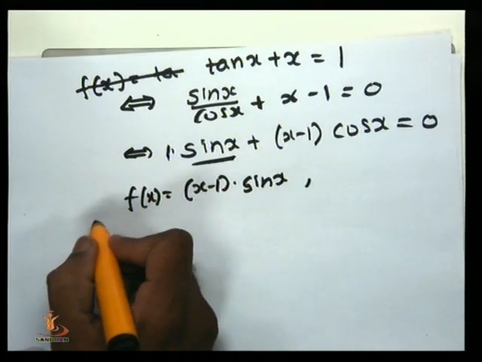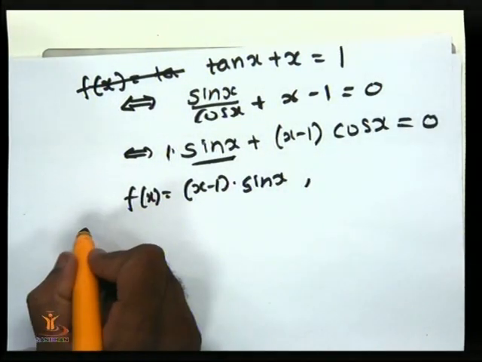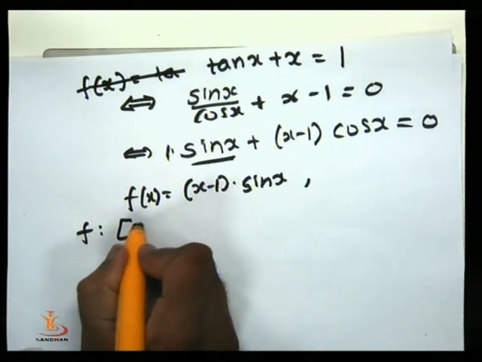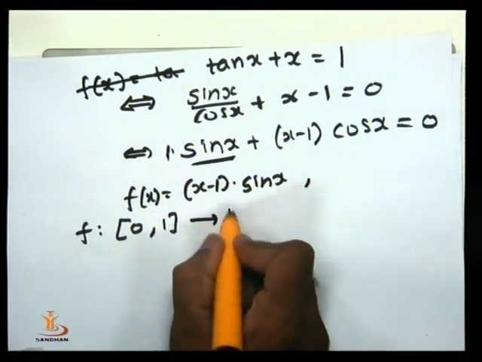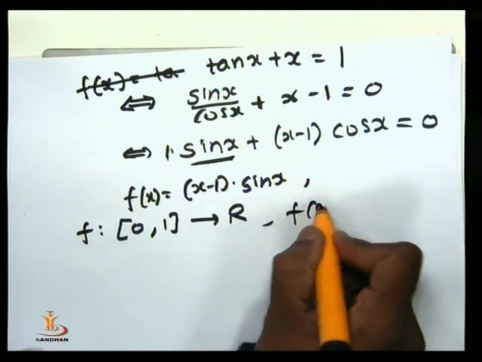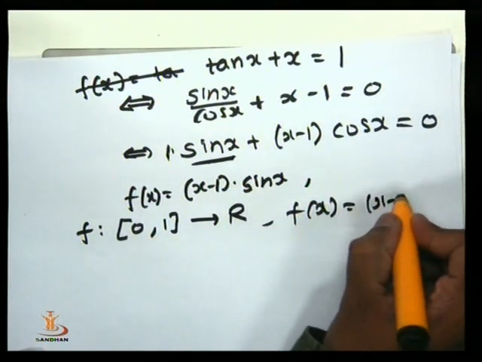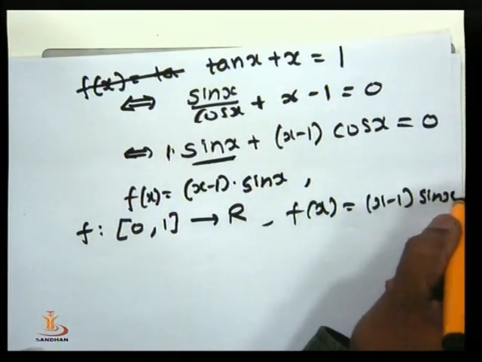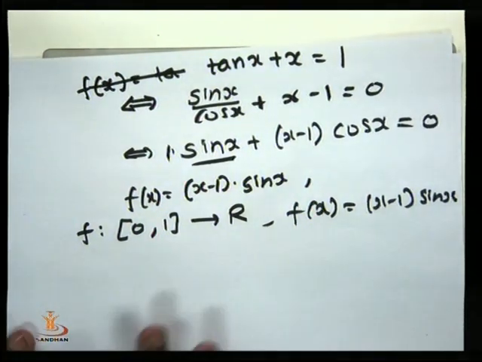Okay. Let us define this function f from closed interval [0, 1] to R, f(x) is equal to (x minus 1) into sin x. This is our function.